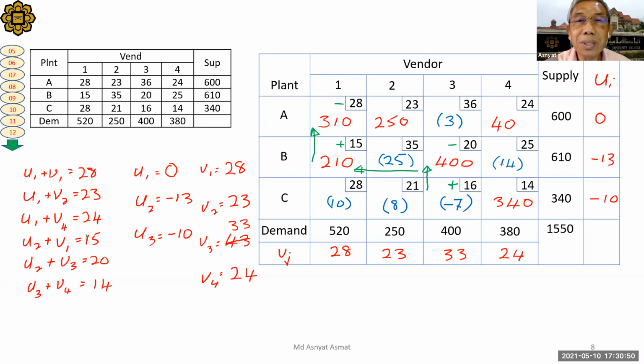Here minus. Then we draw another path, bypass 250, move here, plus. Then we draw another path right down here, minus, and then close.